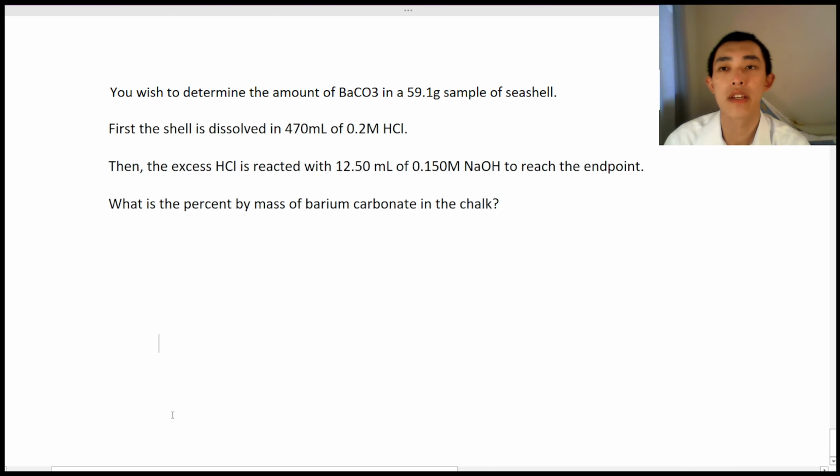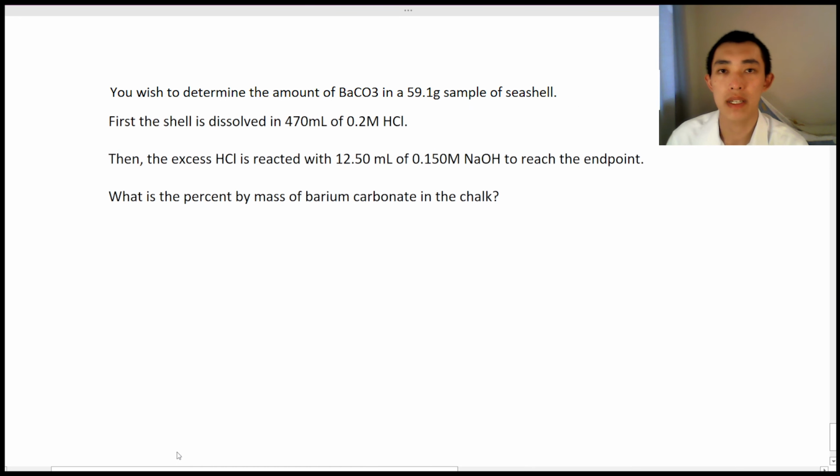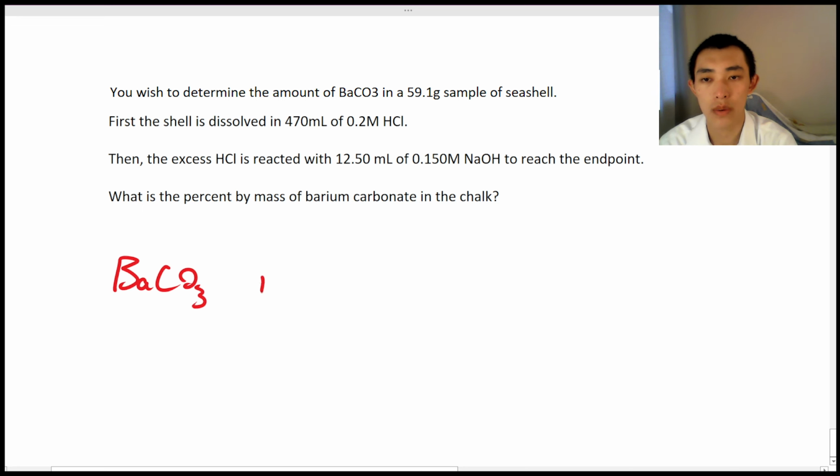Okay, so let's have a think about this. The first thing we want to do is figure out the moles. We want to write an equation actually, the 2 equations that we're going to be using.